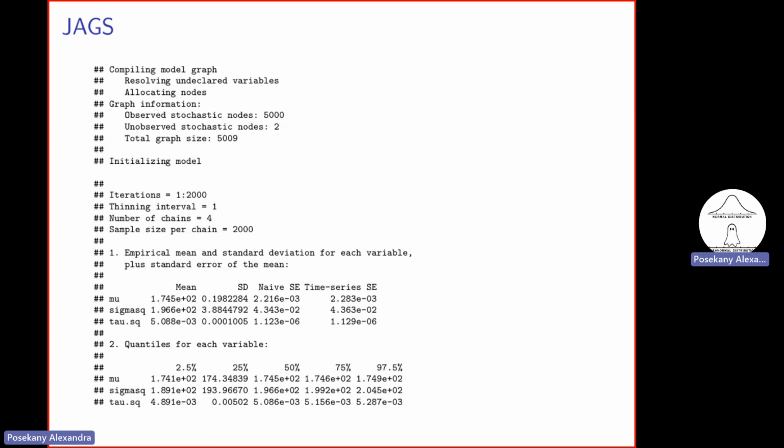But in the end, we want IID samples of the posterior distribution, but we're sampling dependent outputs. We're sampling from Markov chains, but in the end we want something which is IID. So this sounds like a contradiction.